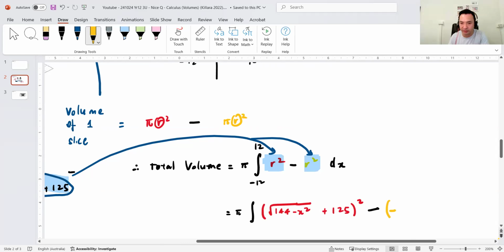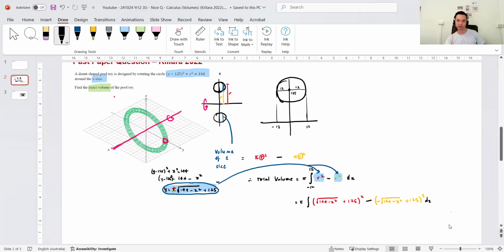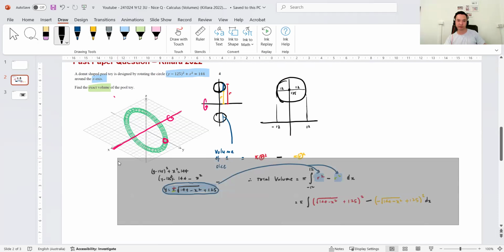So minus root 144, oh sorry, minus x squared plus 125. Okay, all right. Now, I have no space, right? Let me just move, actually.